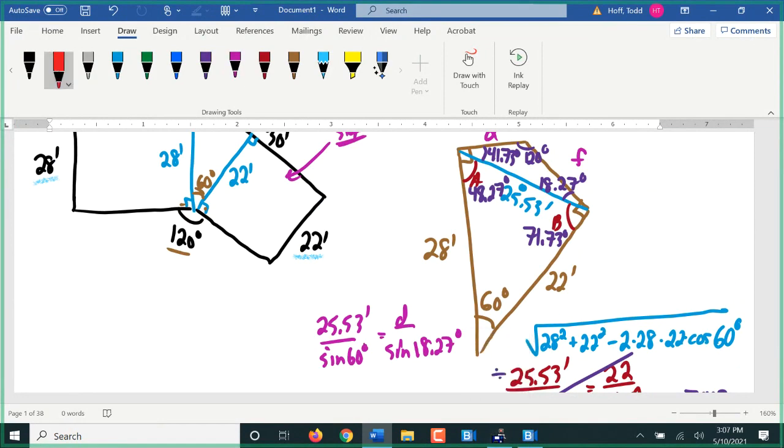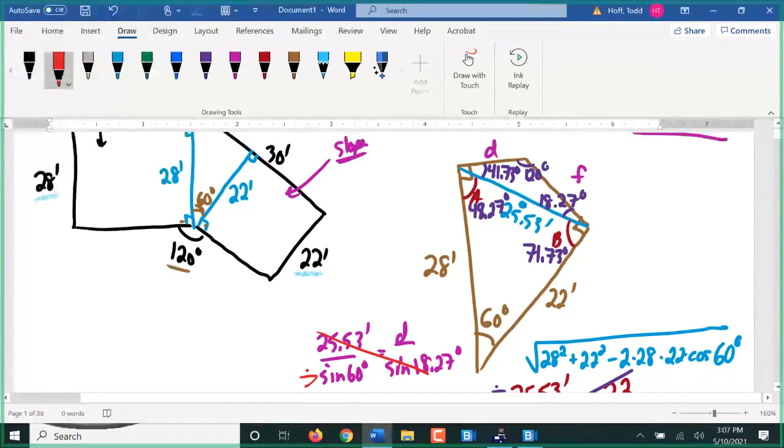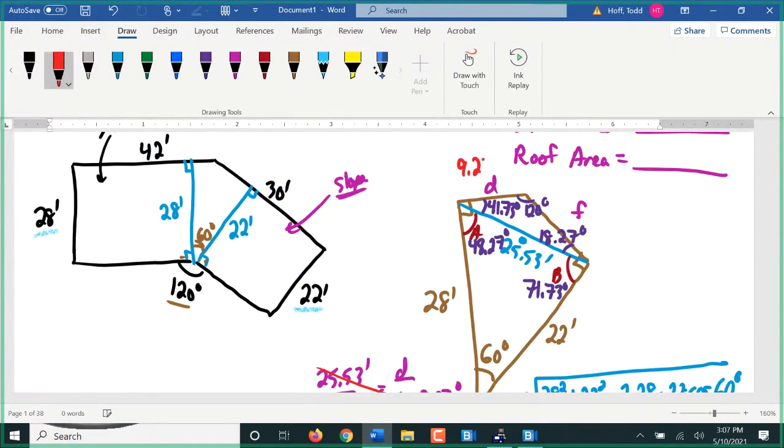So here we will cross multiply and divide. 25.53 times the sine of 18.27, make sure you close that parentheses, divided by the sine of 60. 9.24, so this is 9.24 feet here.